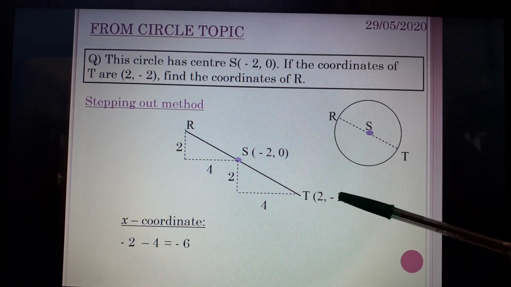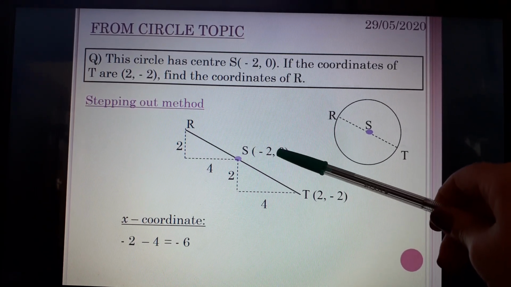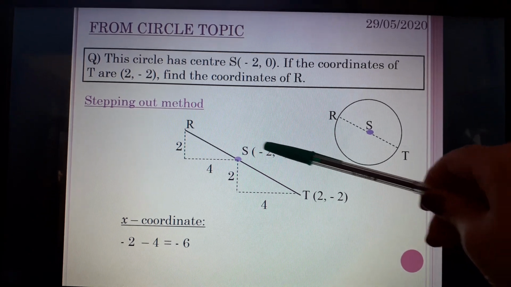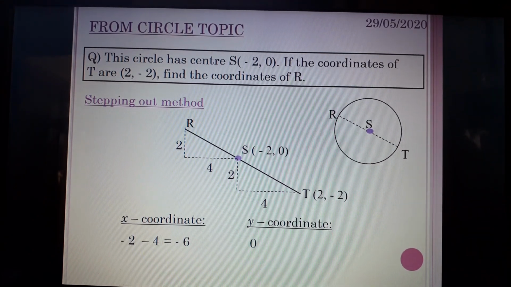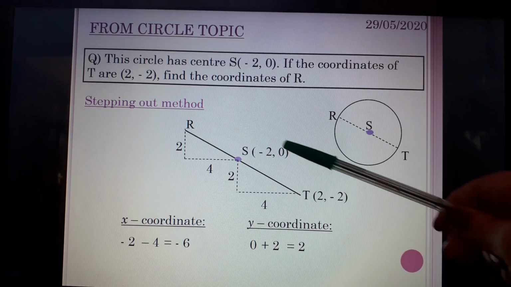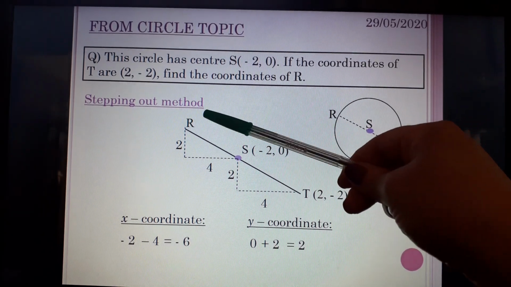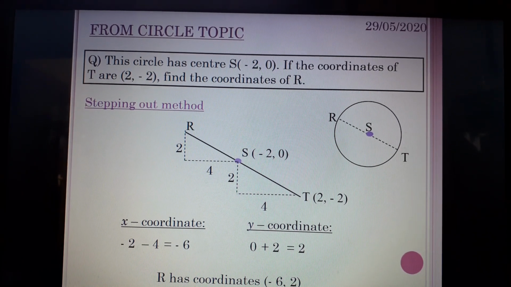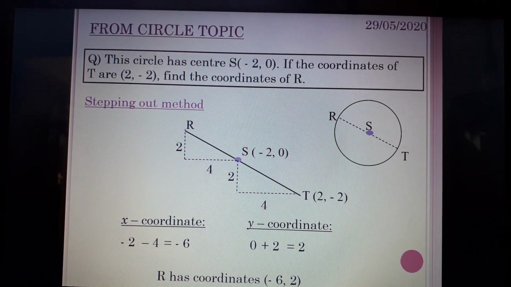We start at -2 and we go up 2 to get to 0. So we're going to go up a further 2 and that will take us to 2. So whatever we do from here to here, we do the same again to get to here. And that's called the stepping out approach. And that allows you to see that R has the coordinate -6 and 2.